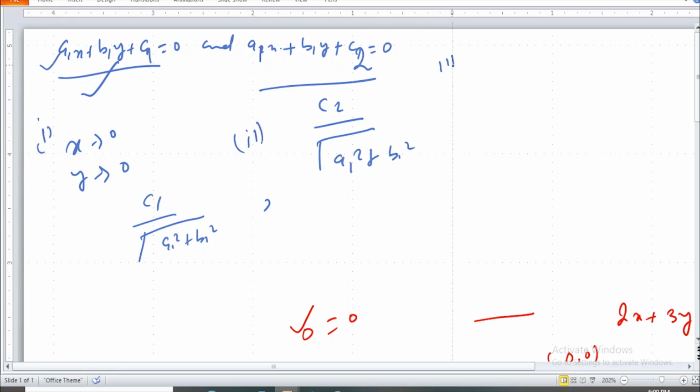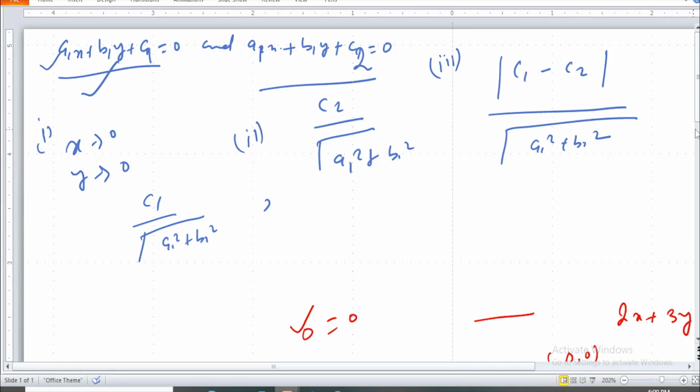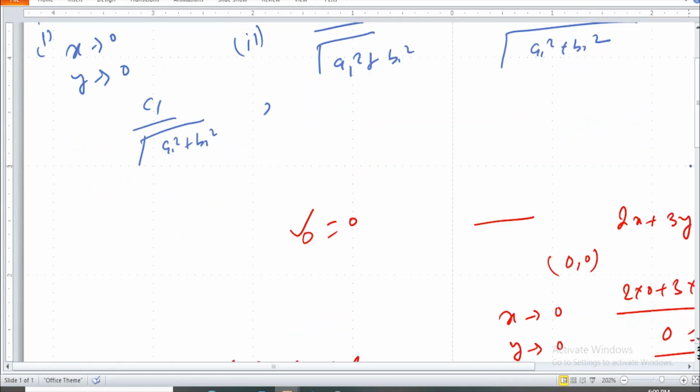Now the third step is to subtract these two, c1 minus c2. Which one is greater? We can't predict, so take the modulus, because distance, or length, is always positive, over root of a1 squared plus b1 squared.